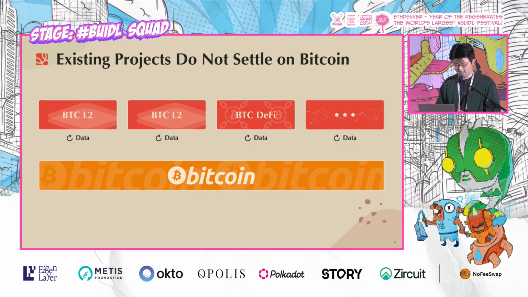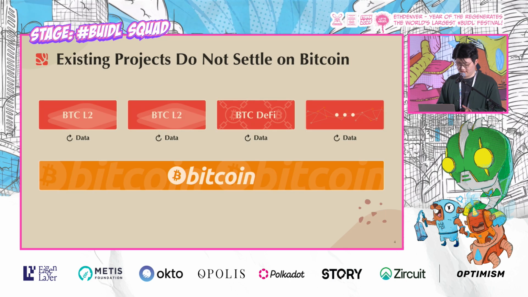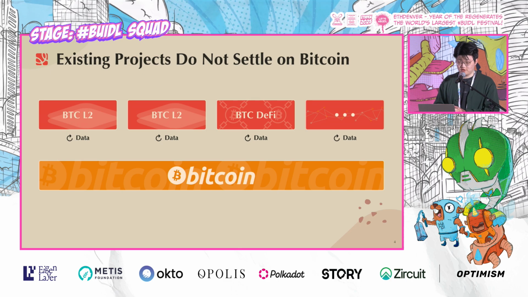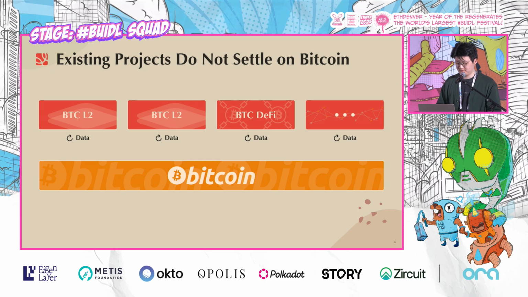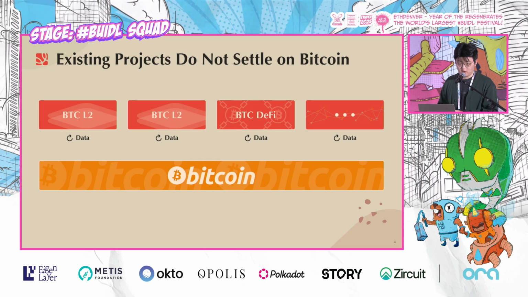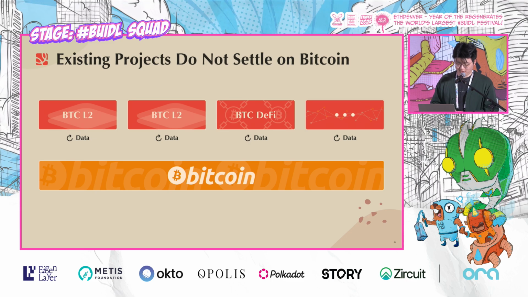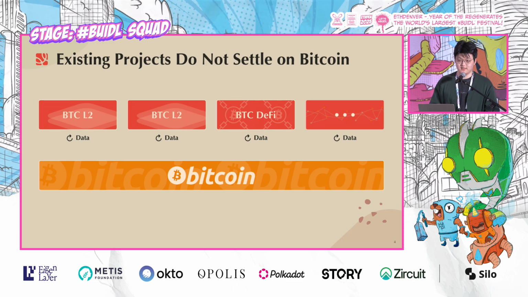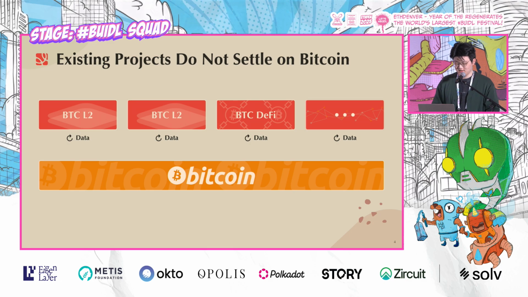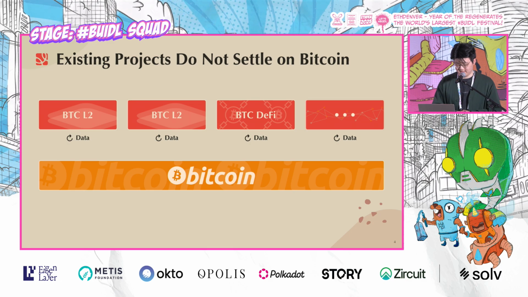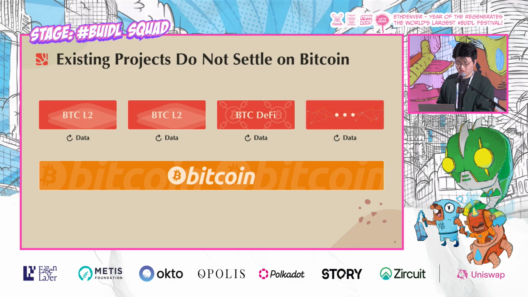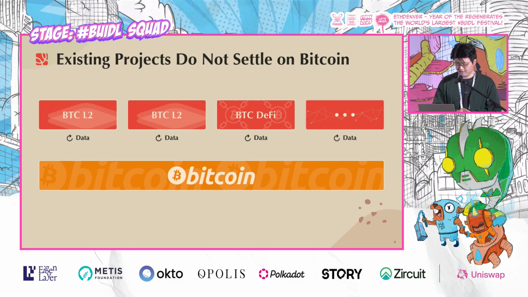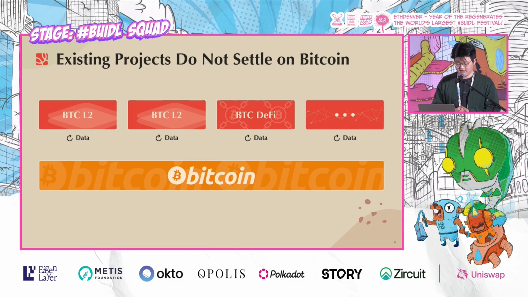There are also many Bitcoin native projects, including a bunch of Layer 2s and DeFi, that claim to solve this problem. However, if you analyze their data flow, none of them goes far beyond their own centralized servers. It's because getting their transactions settled on the Bitcoin network is not only expensive, but technically highly non-trivial.